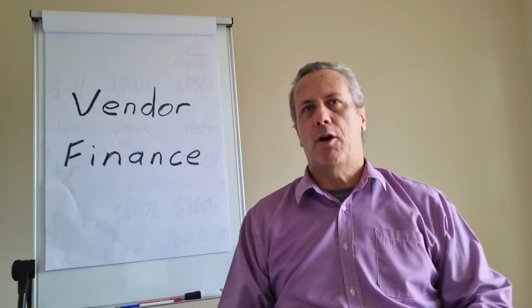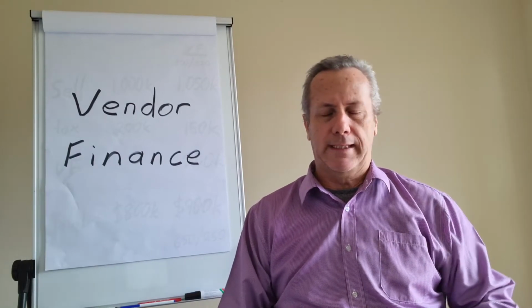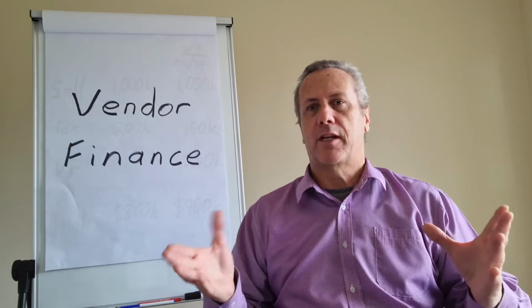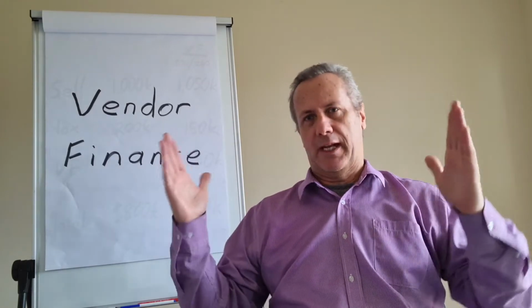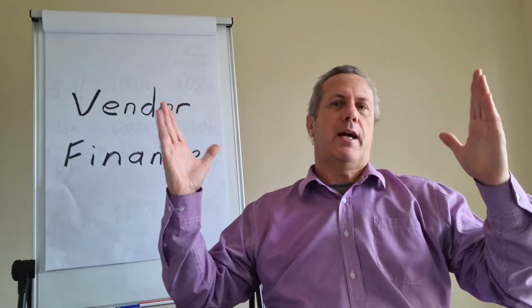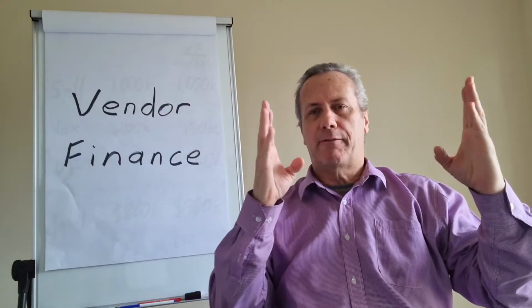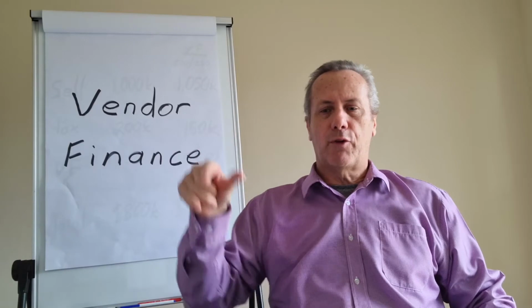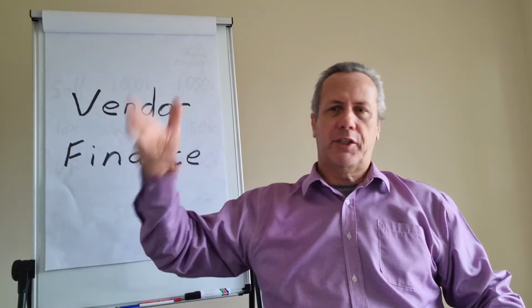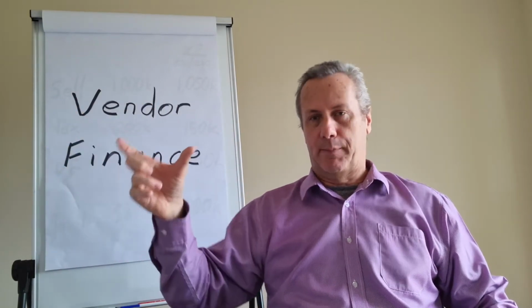Now, an example of vendor finance, let's say, is you did $1 million worth of sale of your business, and you would get probably $800,000 of that upfront and $200,000 over a period of time, 6 months to 3 years, depending.